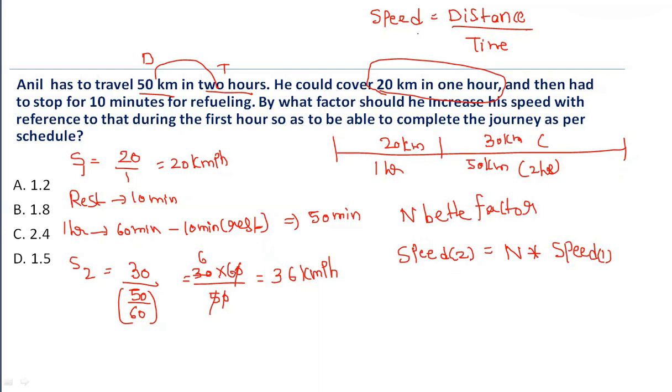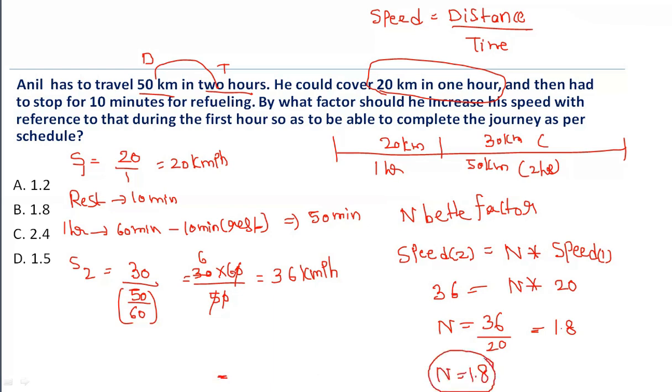His second speed is 36, and the factor by which he increases his speed with reference to the first means the second equals some factor multiplied by the first speed. So the second is 36 and the first is 20. If you solve this, N is equal to 36 by 20, which is 1.8. So N is equal to 1.8.